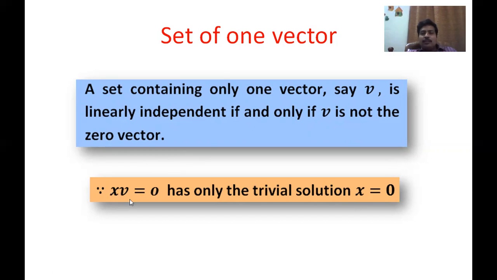So xv is equal to 0. Since v is a non-zero vector, x must be 0 from one of our properties of vector space. So whenever xv is equal to 0, x must be 0. So the equation has only the trivial solution. Then we can say that the set of v is linearly independent.